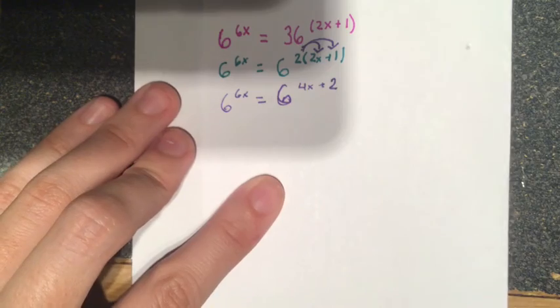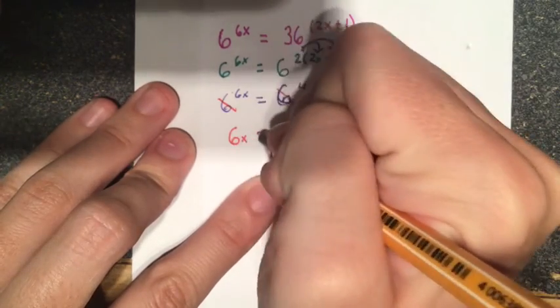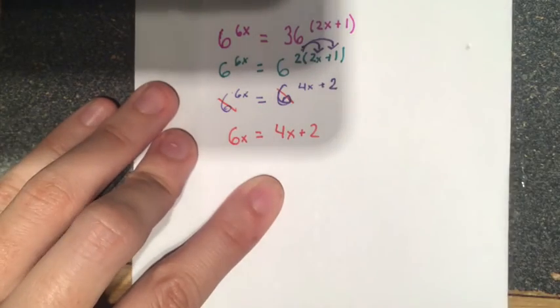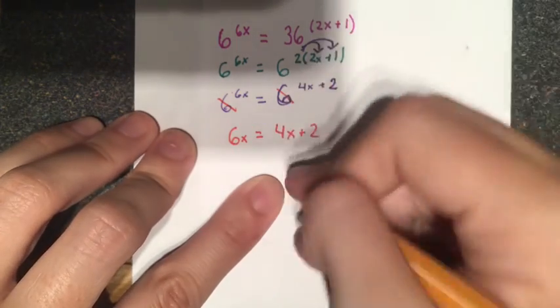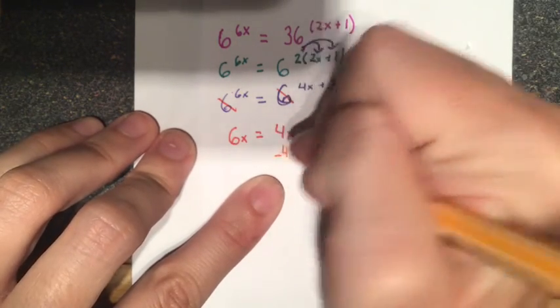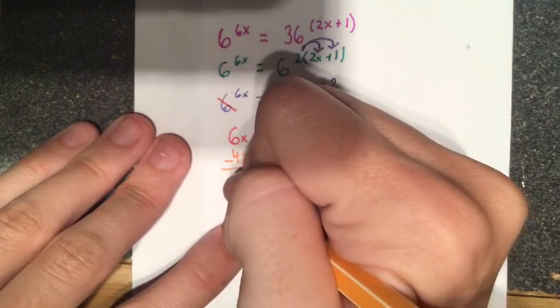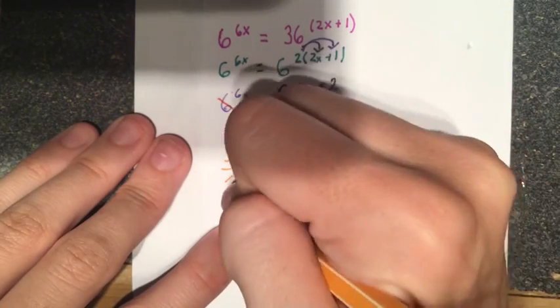And because we have our same bases here, our bases cancel out, and we're left with our 6x is equal to 4x plus 2. Now I have to isolate my x by subtracting 4x from both sides. Okay, I'm going to be left with 2x is equal to 2.